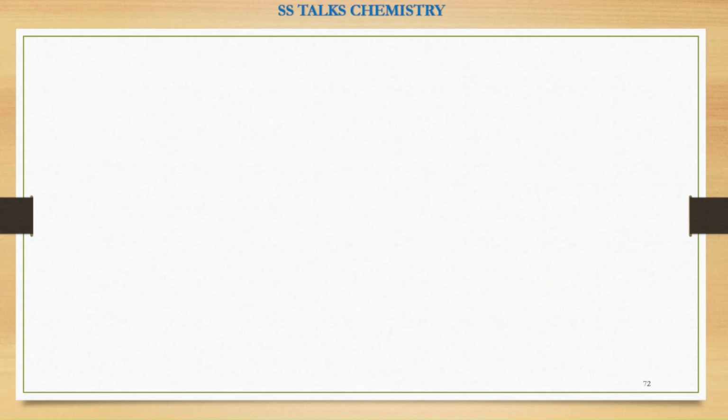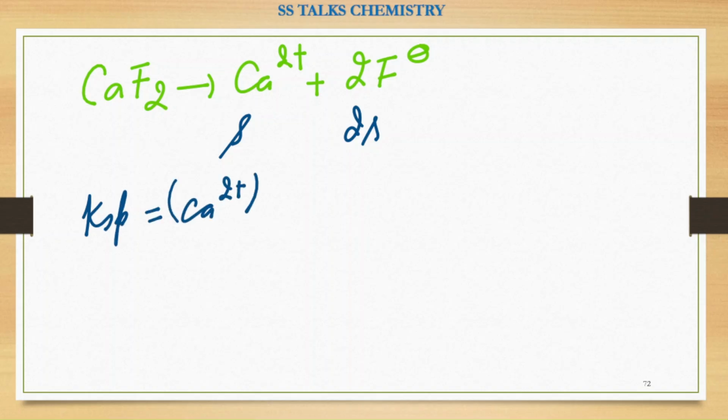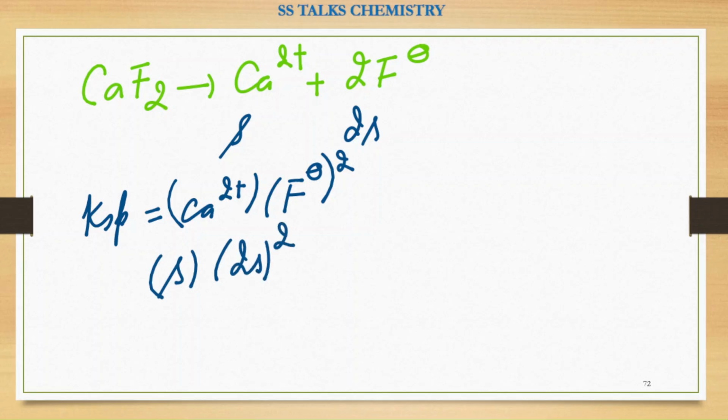Now to find the KSP, the calcium fluoride, if you see the dissociation, it's going to be Ca 2 positive plus 2 F negative. The solubilities of these are going to be S and 2S. KSP for this is the calcium 2 positive concentration and the fluoride negative concentration raised to the power of its stoichiometry. This is S, this is 2S and its square. This will be equal to 4S cube.